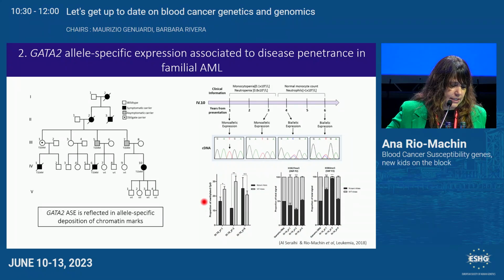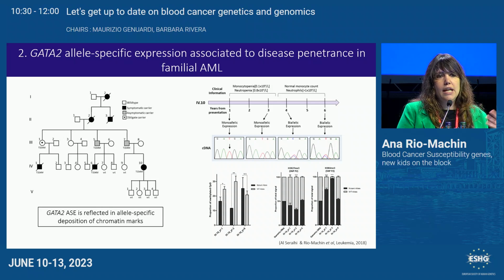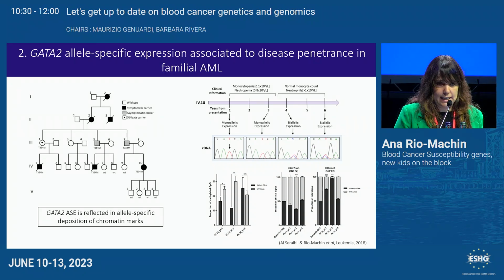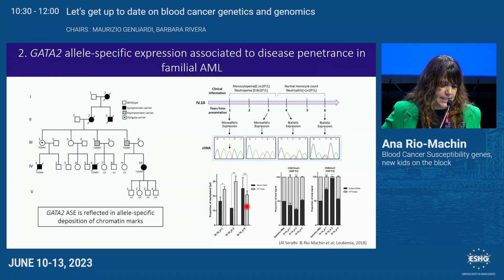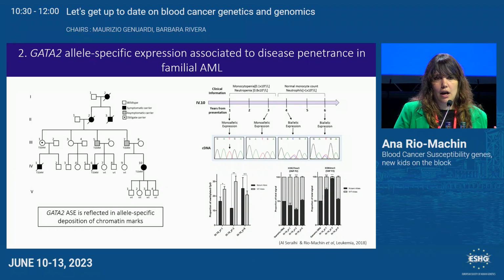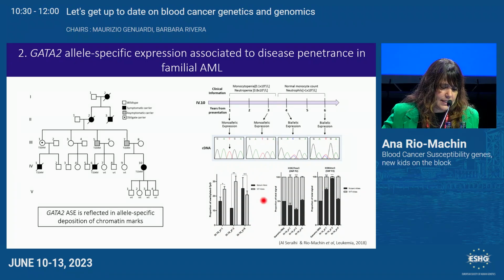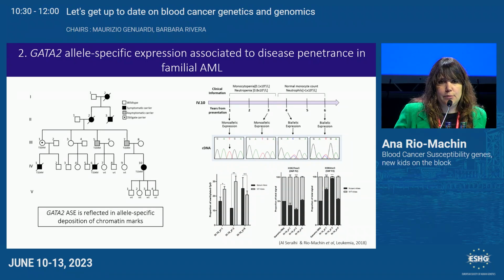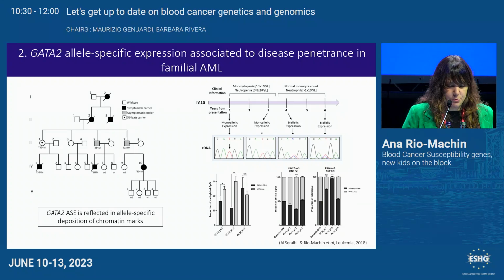So we observed that there was an enrichment in methylation in the wild-type allele that was silenced in years 1 and 3, and no differences when she had biallelic expression. Same for the H3K4me3 activatory mark that was enriched in the mutant allele when it was the only one expressed, and no differences again when she had biallelic expression.